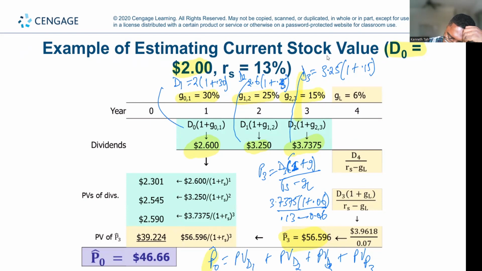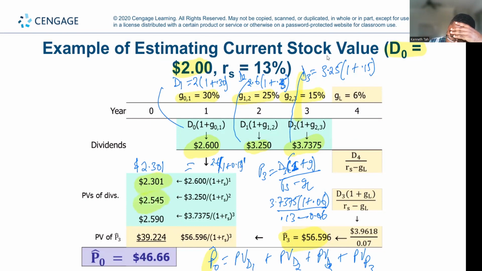So D1 is 2.6, divided by 1 plus 0.13 raised to the power 1, and that is going to give 2.301. So that's the present value for D1.